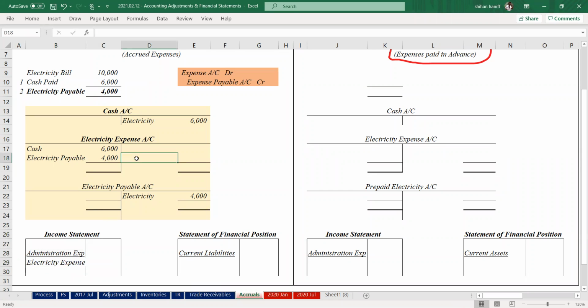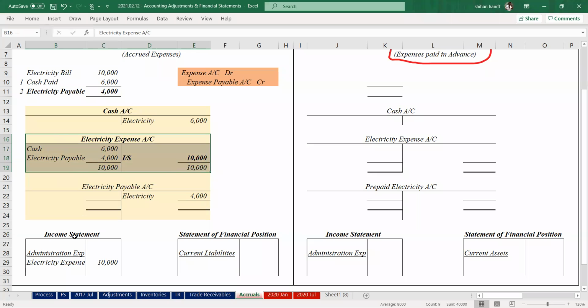Total electricity expense is 10,000, so that comes to the income statement, because it is an expense account.